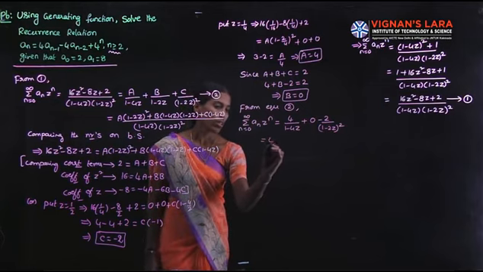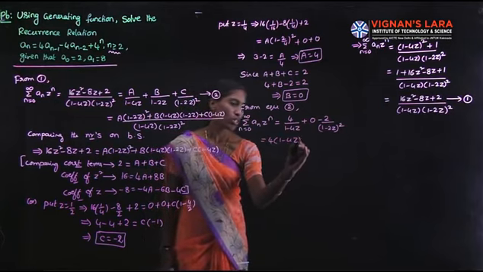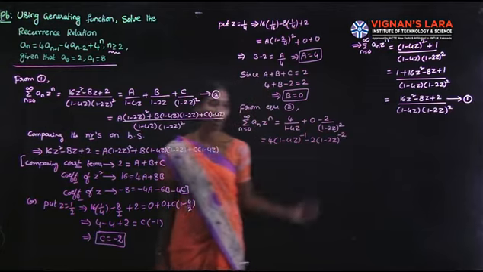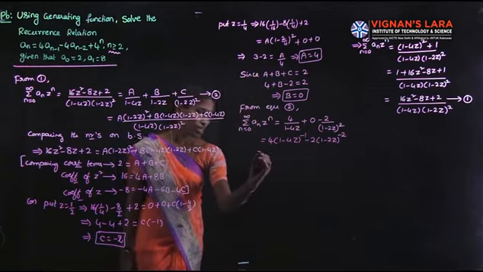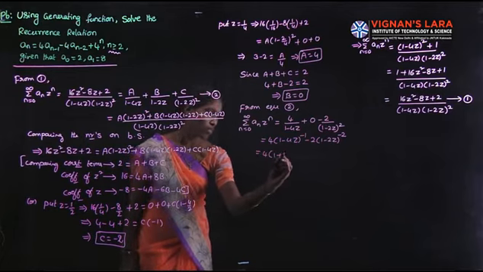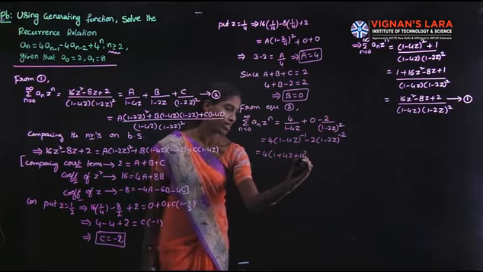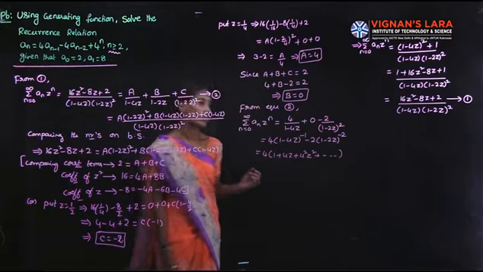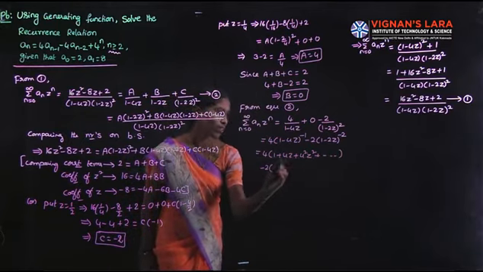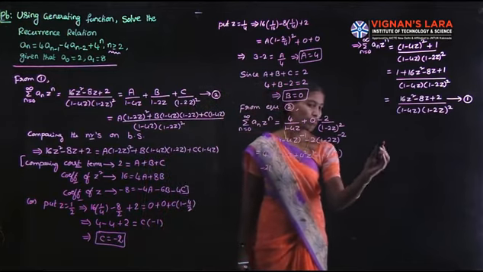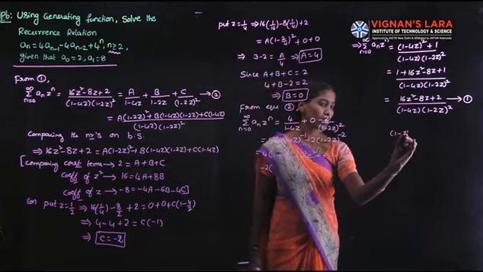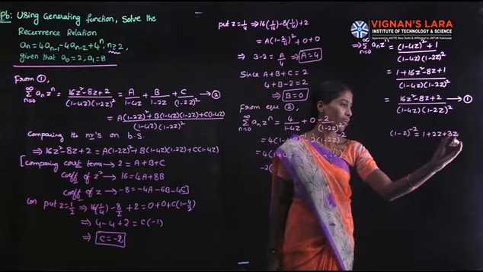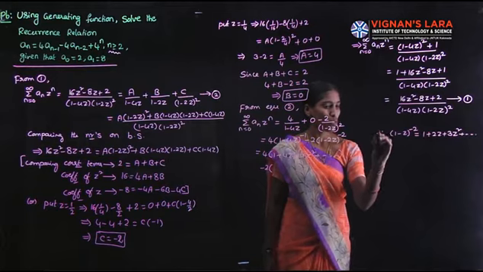So which is equal to 4 into 1 minus 4z whole inverse, minus 2 into 1 minus 2z whole power minus 2. Use the formula: 1 minus z whole inverse is 1 plus z plus z square and so on, giving 4 into 1 plus 4z plus 4 square z square and so on. Second one, use the formula of 1 minus z whole power minus 2 is 1 plus 2z plus 3z square and so on.